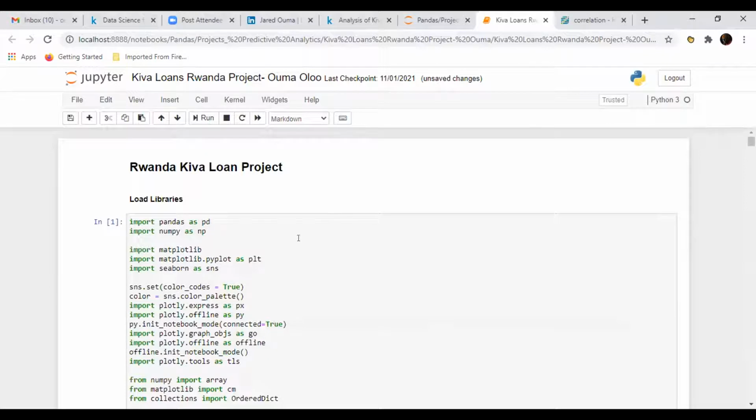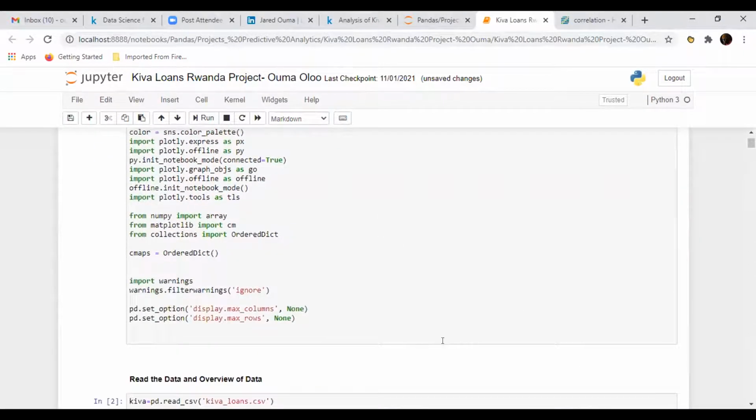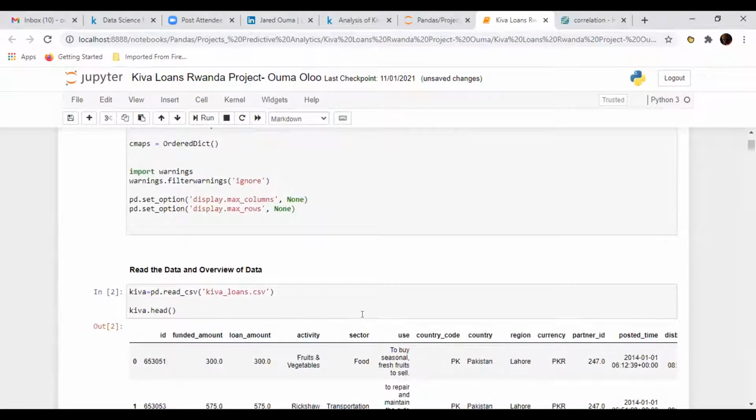So first things first was to load the libraries that I would use in doing the data analysis, which I did. Then the second was to read the data, that was the Kiva data.